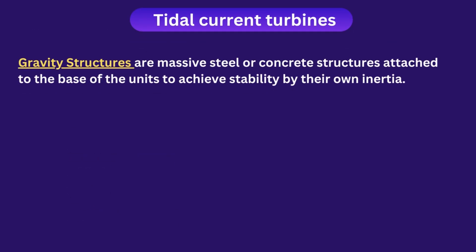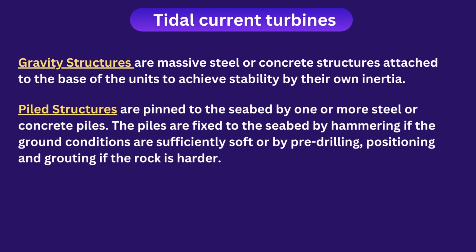Gravity structures. So, these gravity structures are massive steel or concrete structures attached to the base of the units to achieve stability by their own inertia. Piled structures, they are pinned to the seabed by one or more steel or concrete piles.